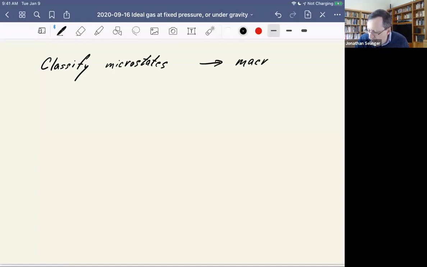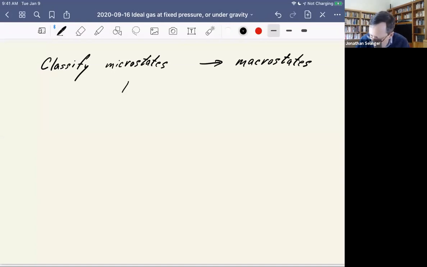In the Ising magnet, I was classifying the states based on the total magnetization, that is, this order parameter M. Now, in this problem, I want to classify the microstates into macrostates based on the volume.